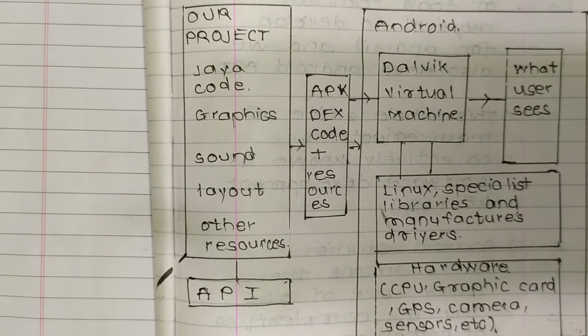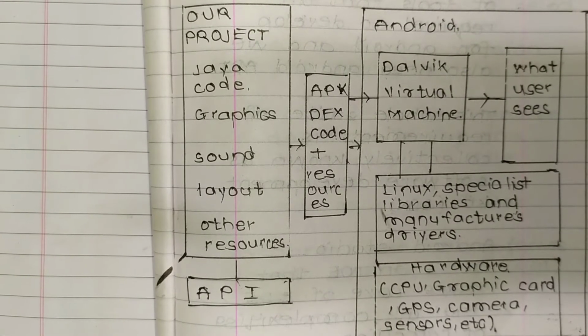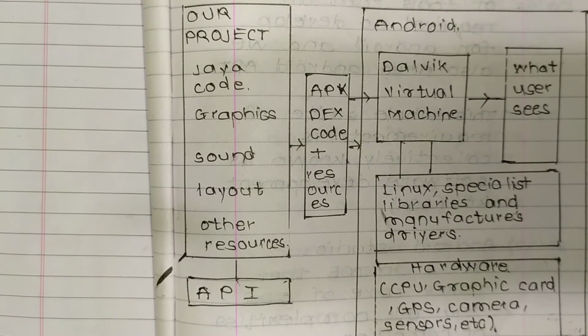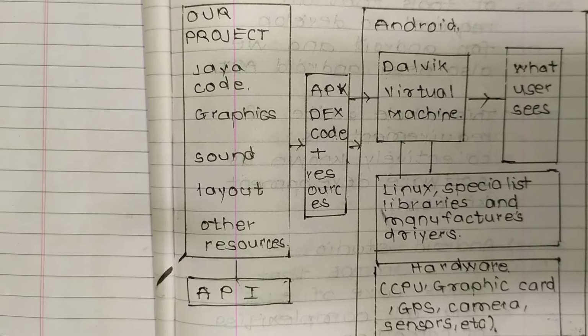This is connected with the application programming interface. Then comes the APK, which is DEX code plus resources. These are basically compilers, so our project is compiled into Android form with DEX code and resources.